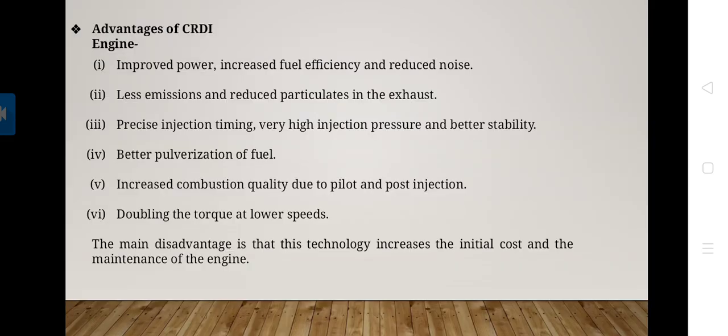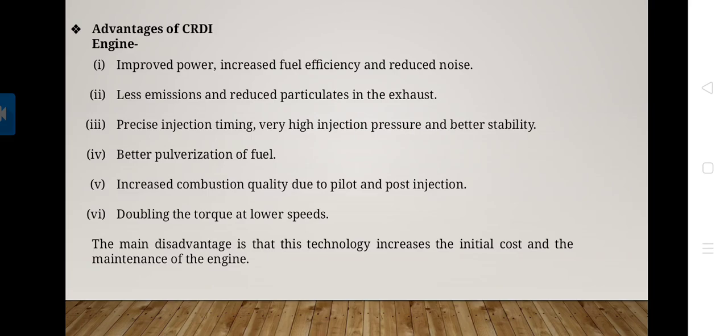Now we see the advantages of the CRDI engine. The CRDI engine improves the power, increases the fuel efficiency, reduces the noise, and also gives less emission and reduces the particles in exhaust. Next are the precise injection and timing, very high injection pressure and better stability. There is a better pulverization of fuel.